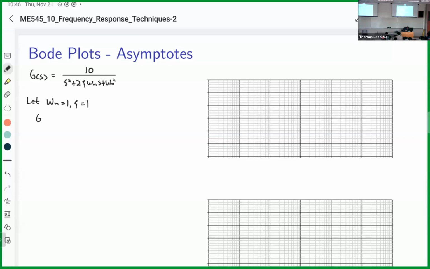That means our equation becomes G of s equal to 10 over s squared plus 2s plus 1, which is factorizable into 10 over (s plus 1) times (s plus 1).